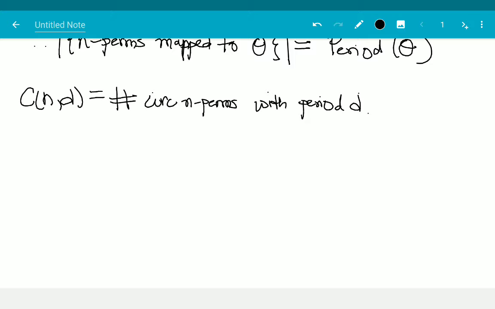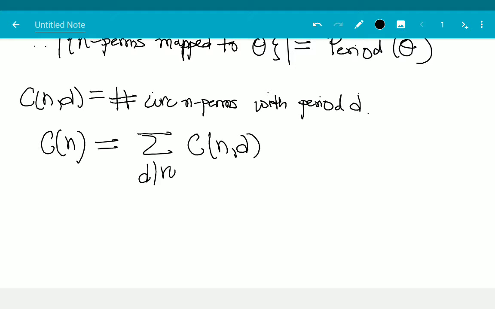Well, every circular permutation has some period, at most n, and as I mentioned before, the period has to divide n. So every circular permutation has some period. If I count all the circular permutations by their period, I get all the circular permutations. I'm going to denote by Cn the number of all circular permutations, and Cn should be equal to the summation of Cnd.